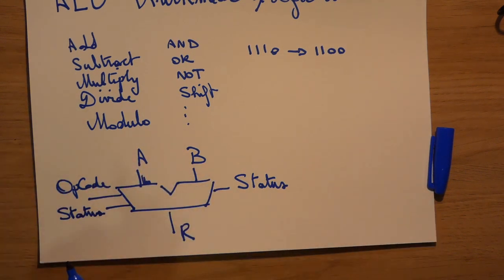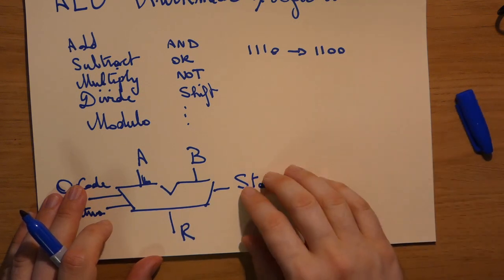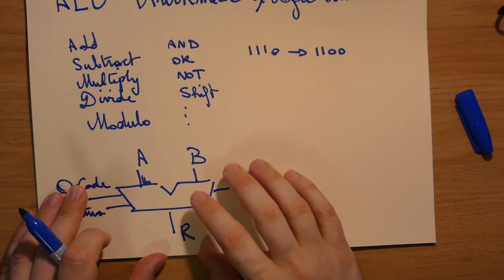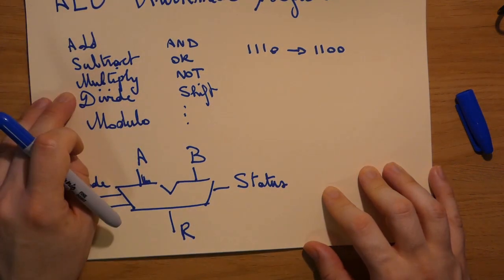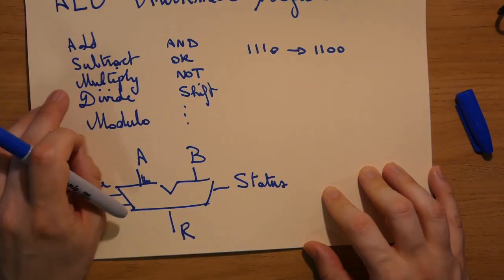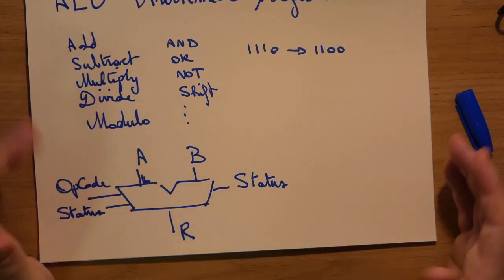This is an ALU, and obviously the circuitry here would be a lot more complicated, and all of the basic arithmetic operations are performed by adding. Okay, the multiply you can easily imagine.